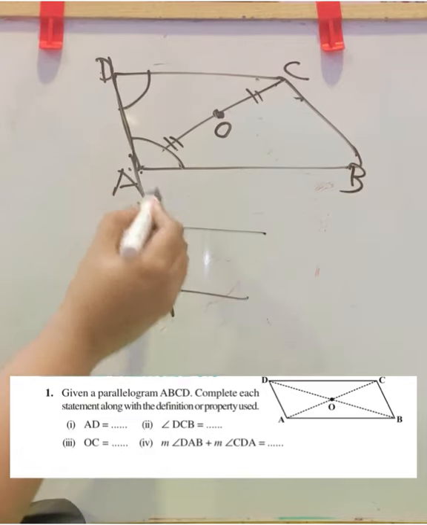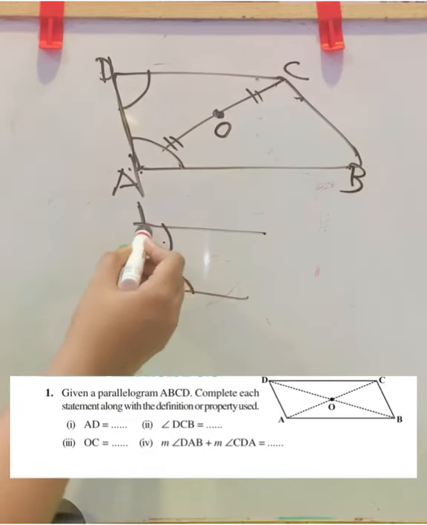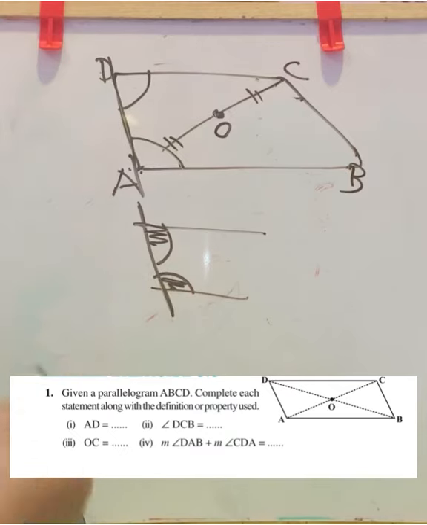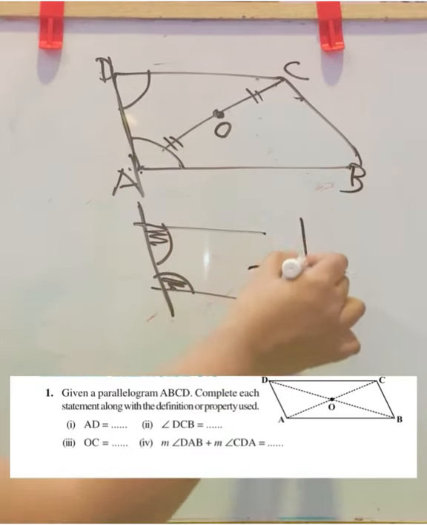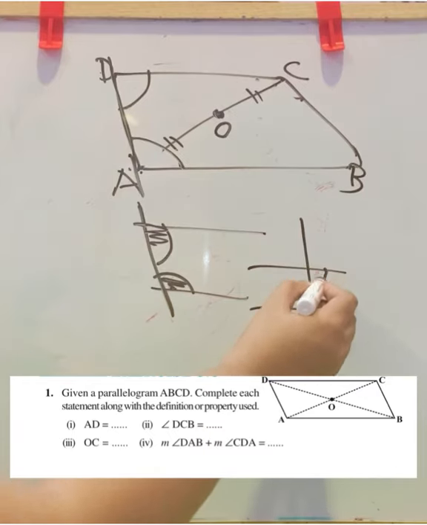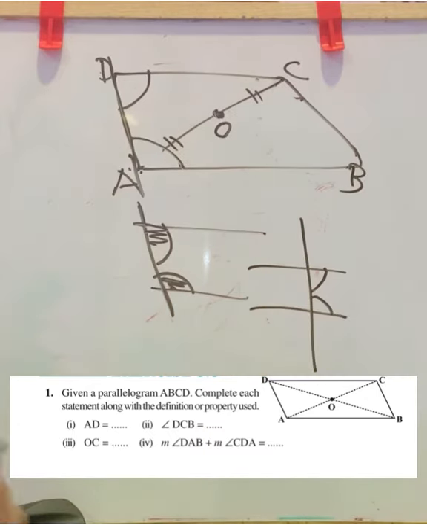This is a transversal, and these angles are called consecutive interior angles. For parallel lines, if a transversal is falling, the interior angles on the same side are called consecutive interior angles, and their sum is 180. So we can say their sum will be 180.